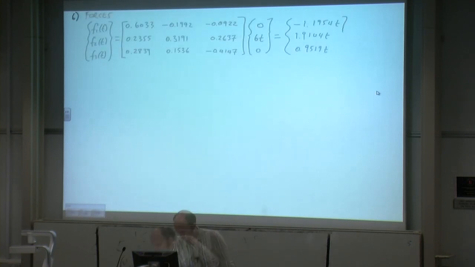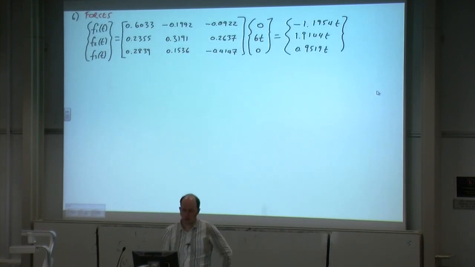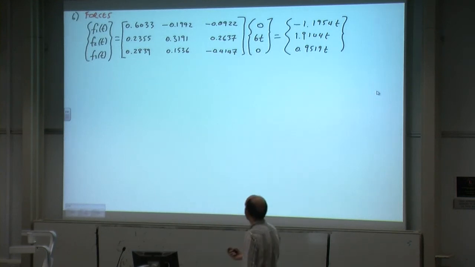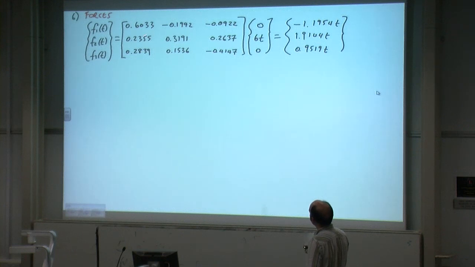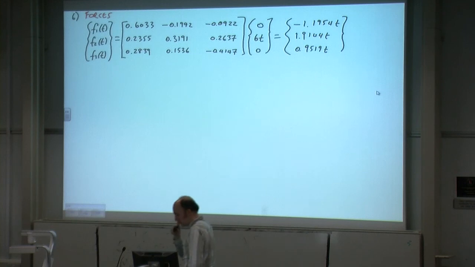So the next step is to deal with the forces, which is step 6. For the forces, we take the transpose of the modal matrix. So the diagonal stays the same, but all the things that are off the diagonal swap places, times our force vector, 0, 6t, and 0.